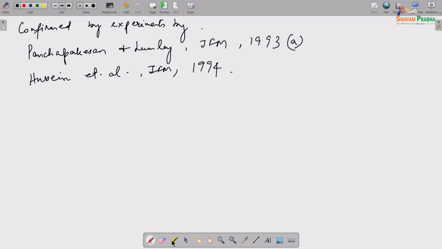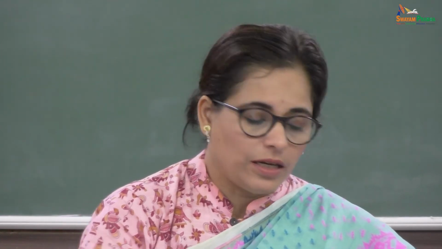Again, my utmost privilege to have been a colleague of Professor Panchapakesan when he was at IIT Madras. My ultimate privilege to have known him even for a little bit. Okay, so again, this was actually confirmed by experiments by Panchapakesan and Lumley and Hussain.